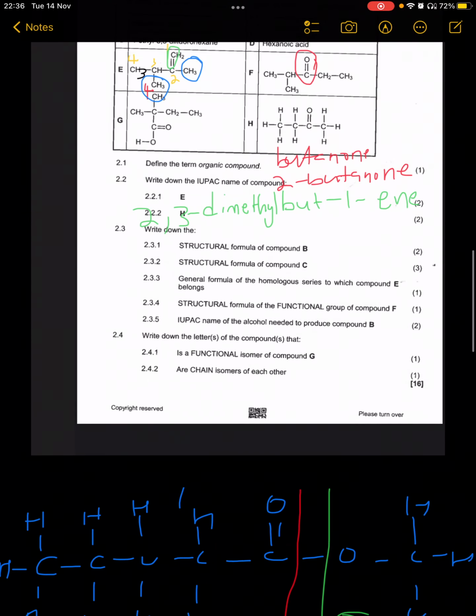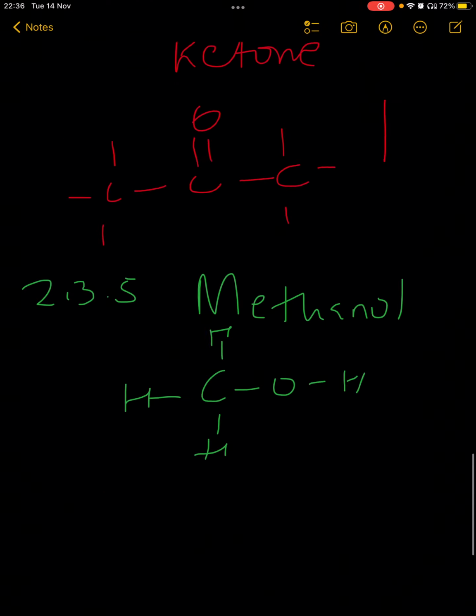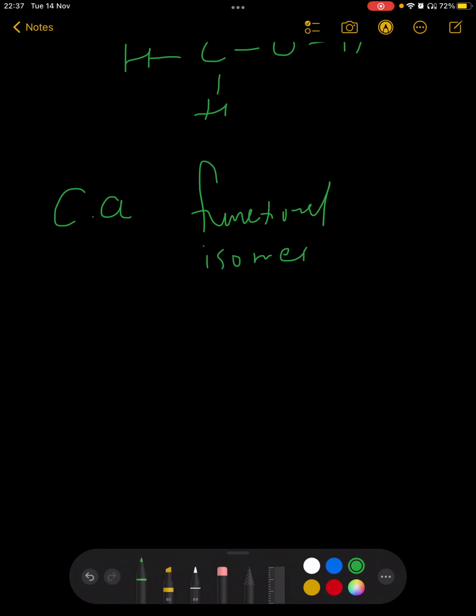Compound G is here as a carboxyl group, so it's a carboxylic acid, and we know, or we should know, that a carboxylic acid's functional isomer is an ester.